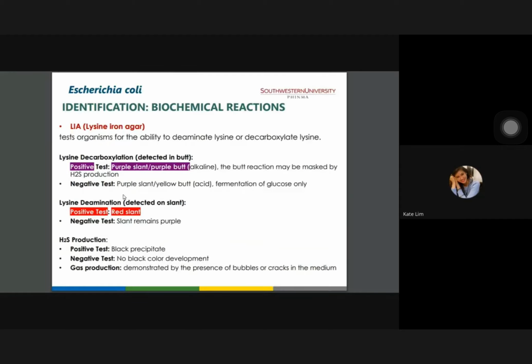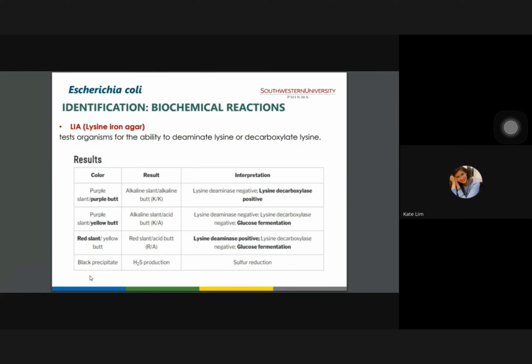So if it remains yellow, that would only tell you that glucose is fermented alone. Okay? So aside from decarboxylation and deamination, we still have hydrogen sulfide production. It is easy: the presence of a black precipitate. And we also have gas production, the presence of bubbles and cracks in the medium.